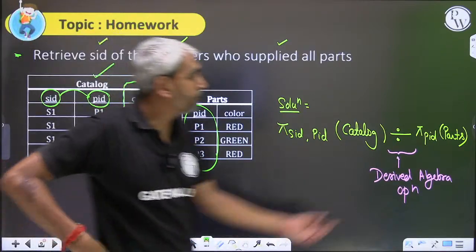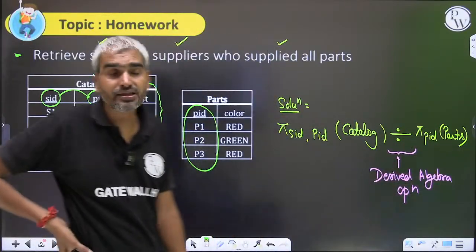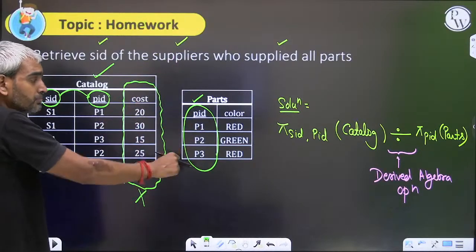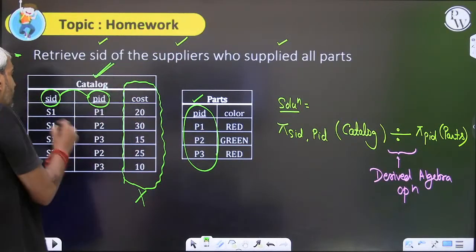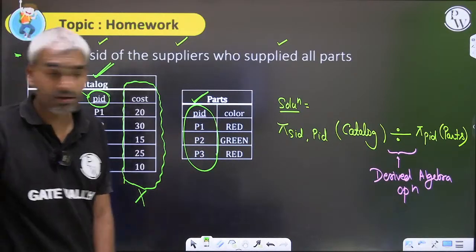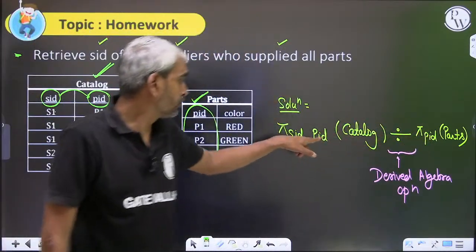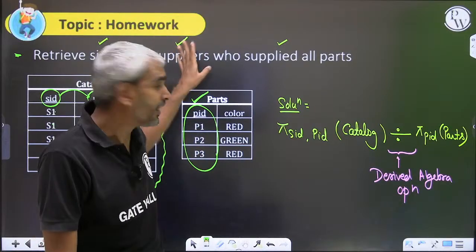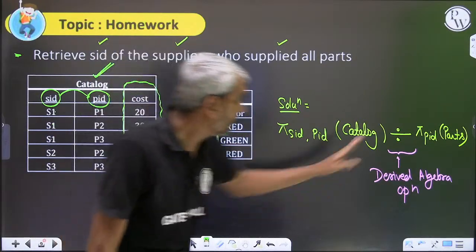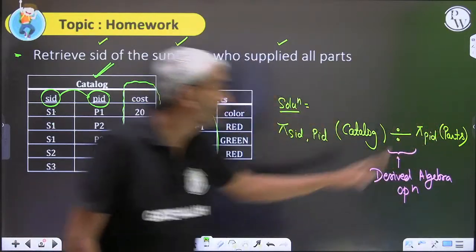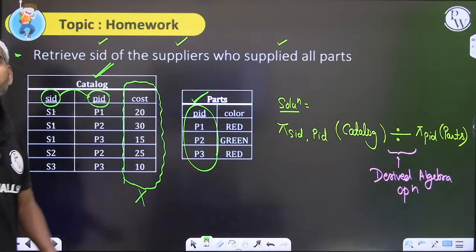And from the parts table, we are only interested in the PIDs of the part, because these are the different values with respect to which we are checking whether any SID is associated with all these PIDs or not. From the parts table, the only attribute required is PID.